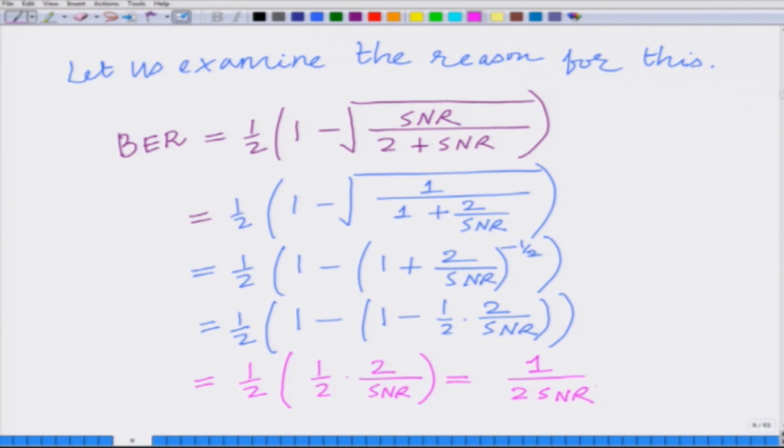So, the bit error rate decrease is proportional to 1 over SNR. So, in the wireless communication system, the bit error rate is decreasing at 1 over SNR.